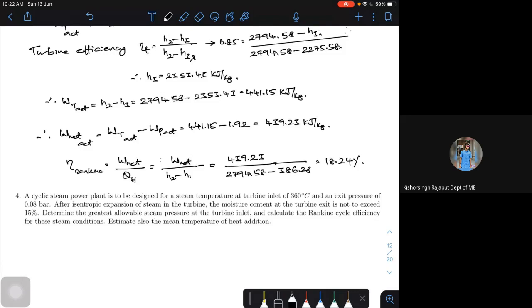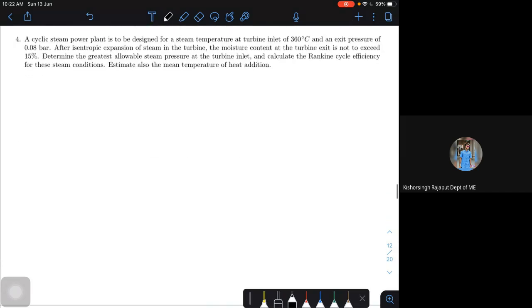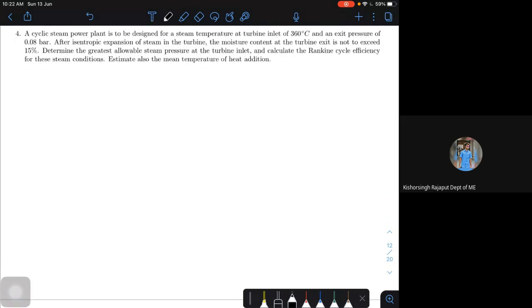Please open your steam tables. Let's try to solve this problem. A cyclic steam power plant is to be designed for a steam temperature at turbine inlet of 360 degrees Celsius and an exit pressure of 0.08 bar.